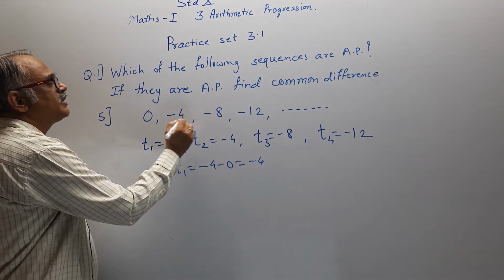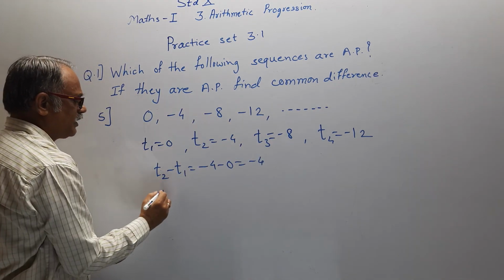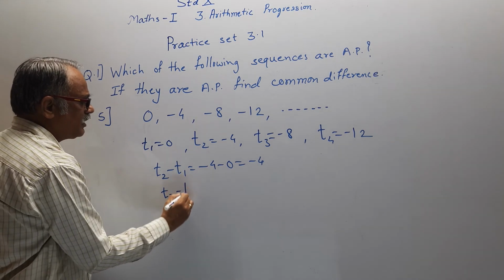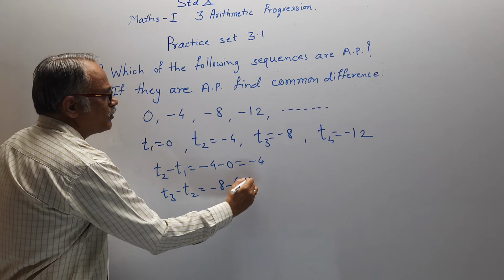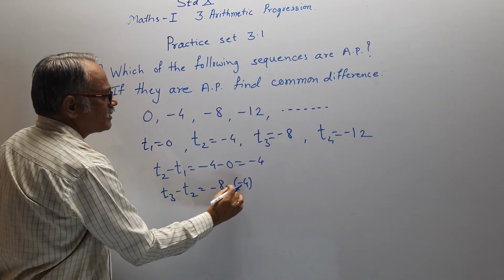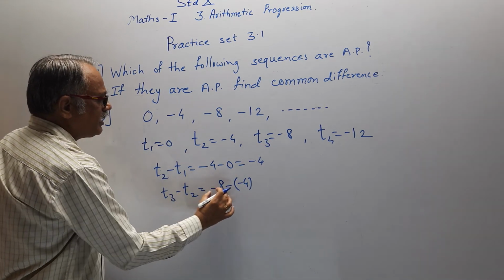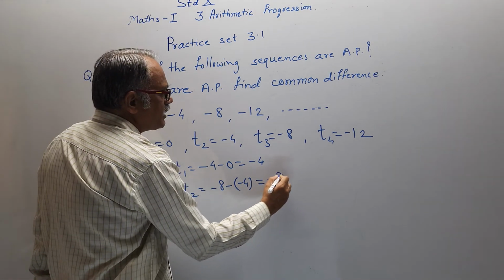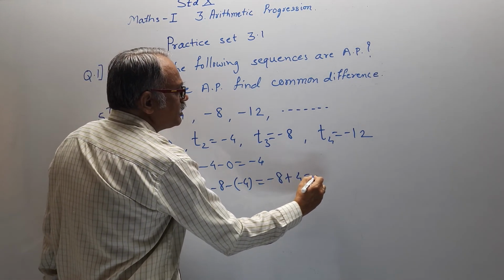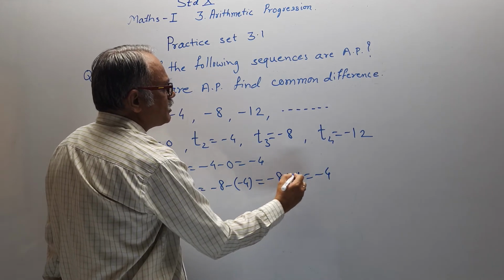Now T3 minus T2. Minus 8 minus minus 4, that is minus 8 plus 4, which is minus 4.